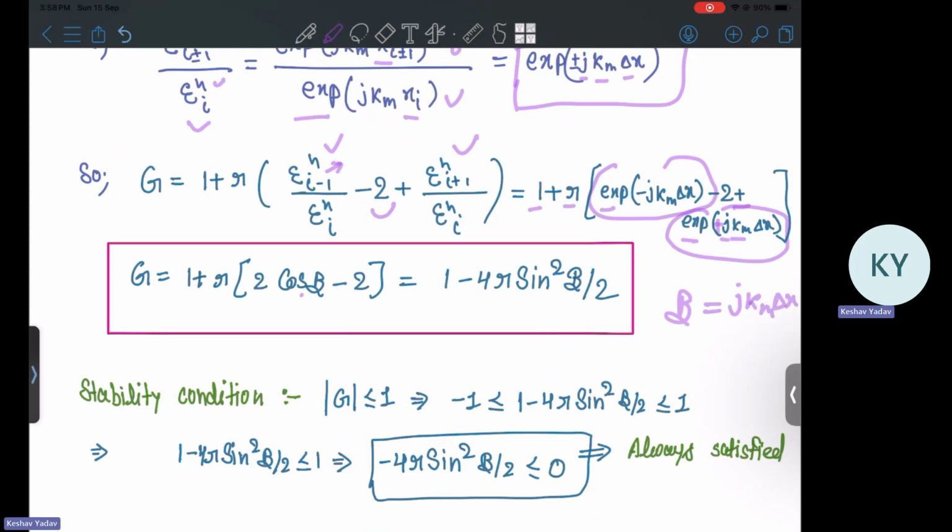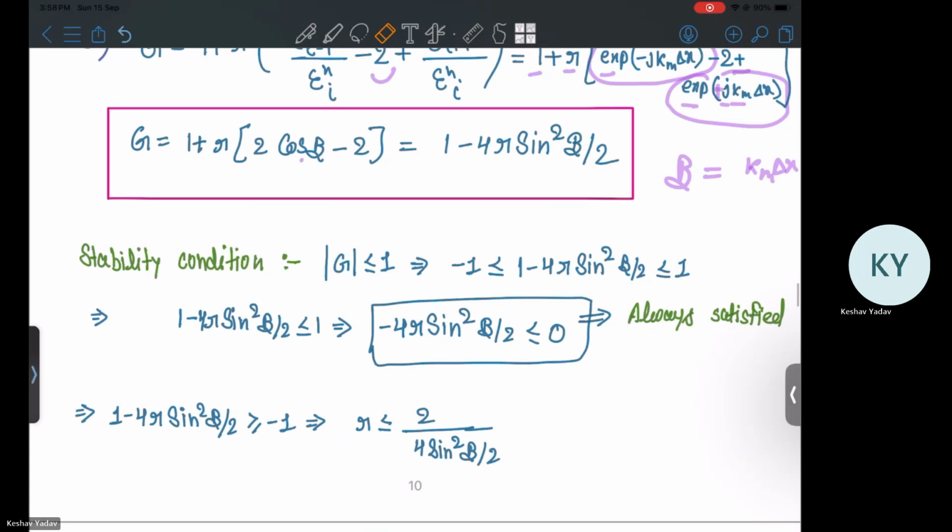Now we can use 1 minus cos beta equal to 2 sine square beta by 2. Then we will get this expression: 1 minus 4 r sine square beta by 2.